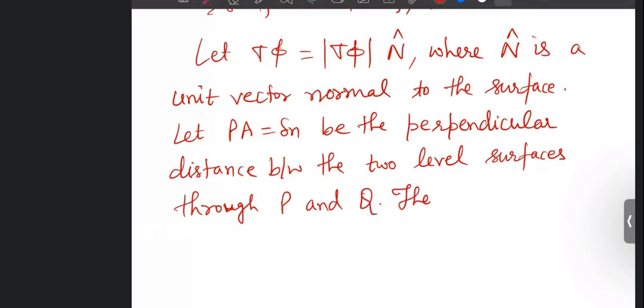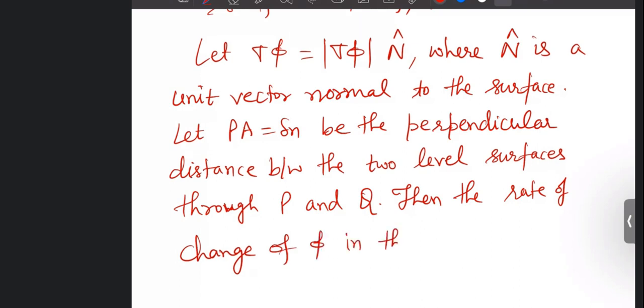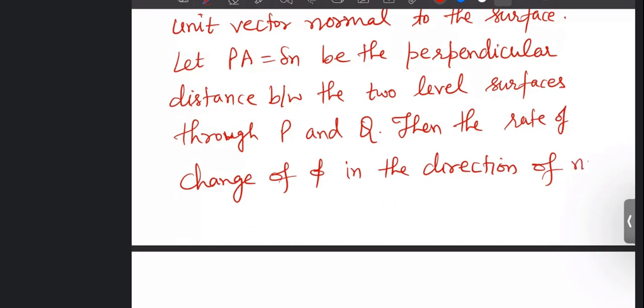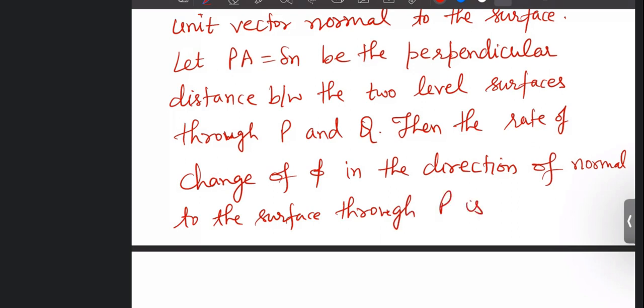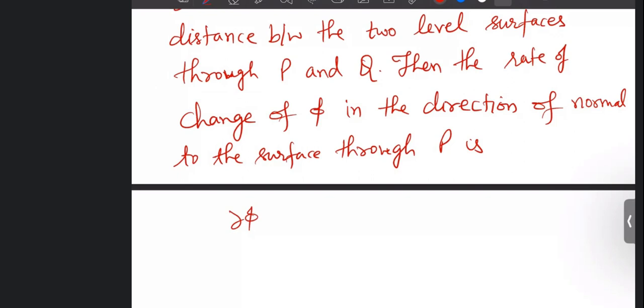Then the rate of change of phi in the direction of the normal to the surface through P is d phi upon d n.